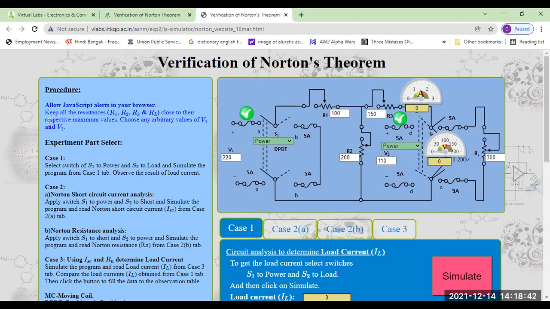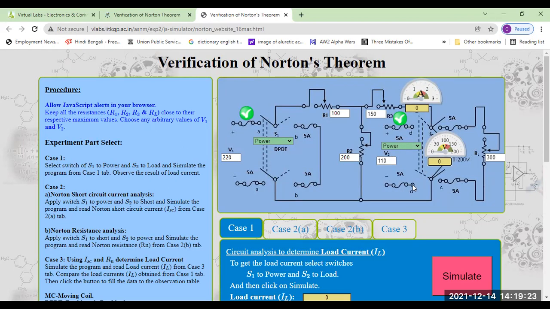So this is your circuit. How do we do this? Just allow JavaScript in your browser, keep all the resistances R1, R2, R3 close to their respective maximum value. Choose any arbitrary values of V1 and V2. You can see some voltage sources there. This is a voltmeter, not a voltage source. Where is V2? V2 is below the power, the second one. Yes, here is the V2 source.